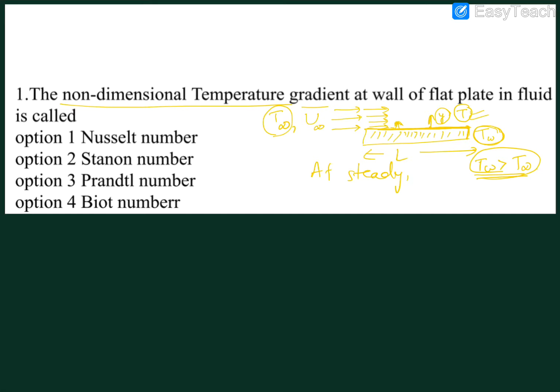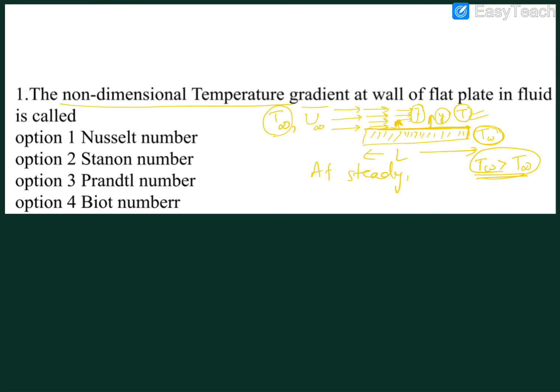But within the fluid medium, when it is moving, the process of convection also comes into action. Why? Because the heat conducted at the surface has to be transported in this direction, and this heat is transported through the phenomenon called convection.